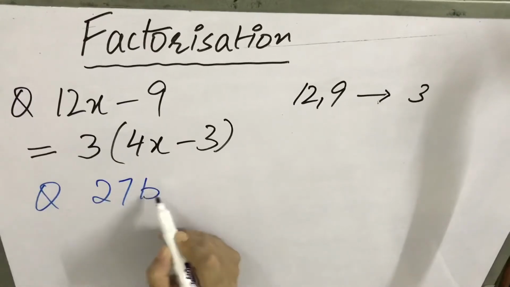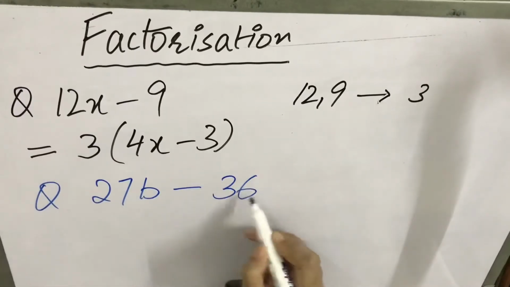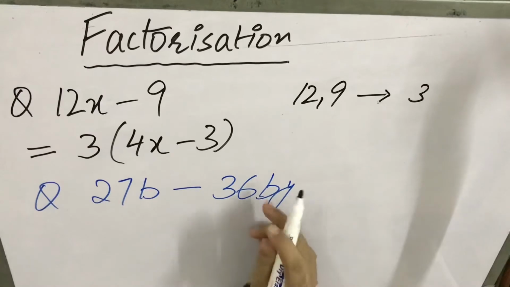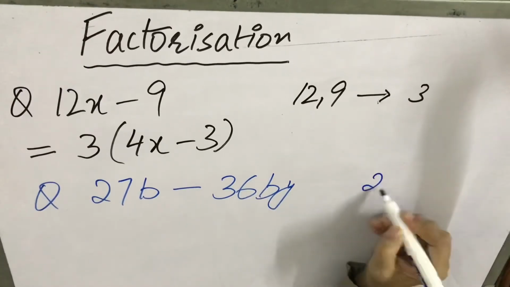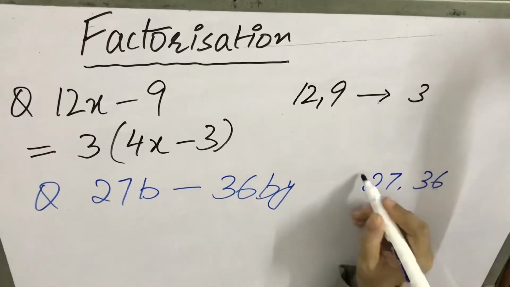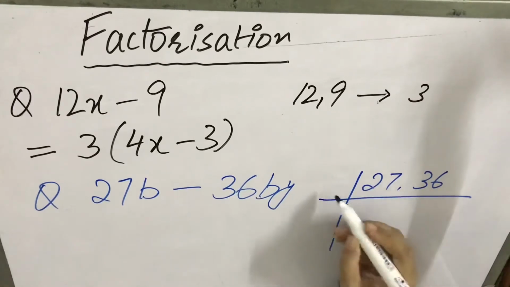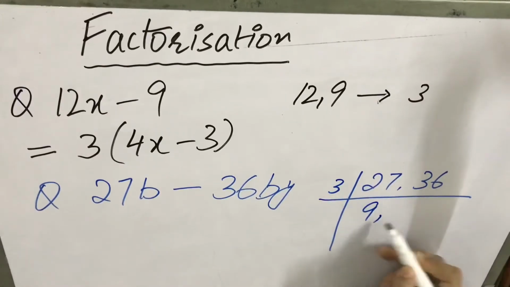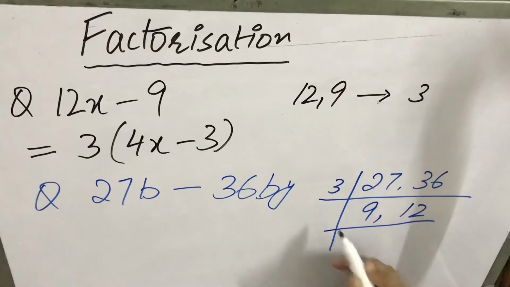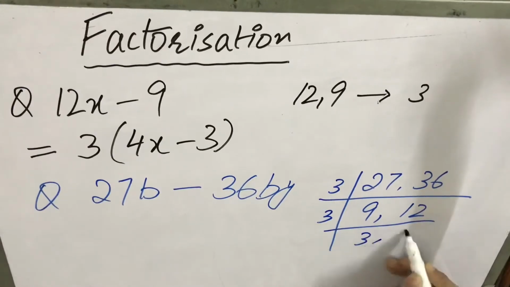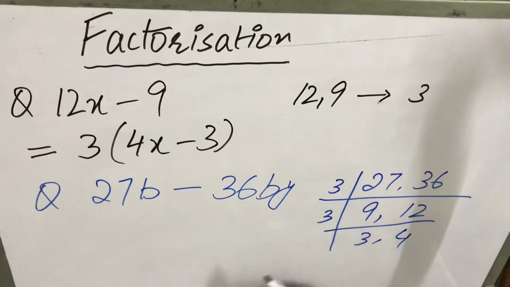The second question, 27b minus 36by. You can see that in 27 and 36, if we take the HCF of these two numbers, 3 9s are 27, 3 12s are 36, 3 3s are 9 and 3 4s are 12. So maximum common is 9. 3 multiply 3 is 9.